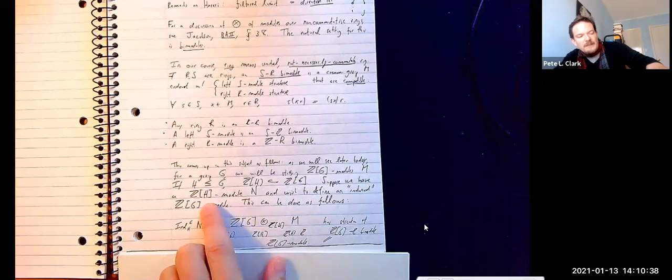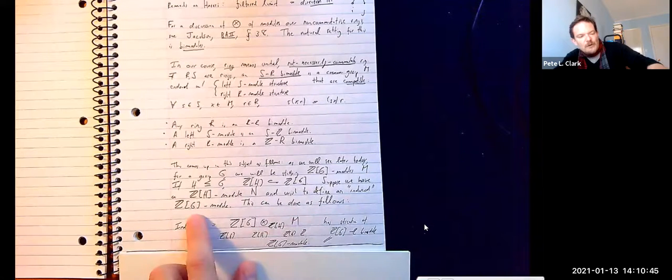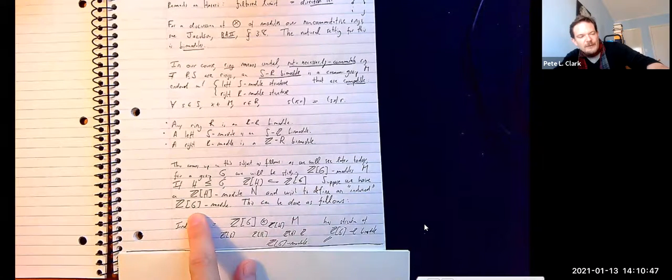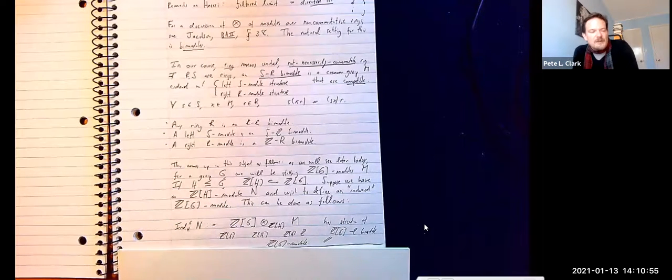So suppose we have a ZH module, and we would like to define in some way an induced, quote unquote, ZG module. Is there some canonical way that we can get ourselves from a module over this smaller ring to a module over this bigger ring?